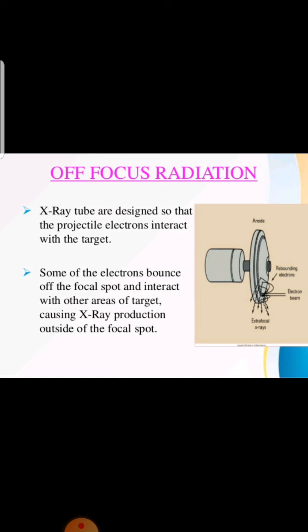So the off focus radiation, those that have not struck the focal spot and have interacted with other areas of the target, will cause off focus radiation, and they will also be considered scatter radiation.